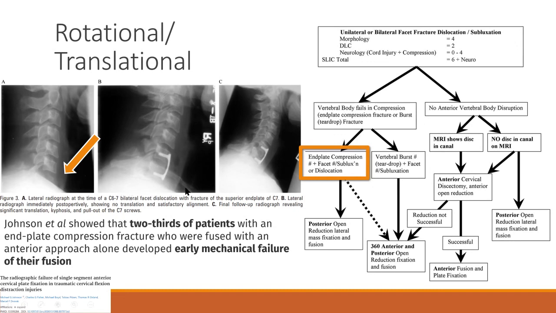However, some class 4 data does suggest that up to 2/3 of patients with evidence of end plate compression and a translational injury, when fused only by anterior approach, will develop early mechanical failure. Thus, the recommendation is primarily a posterior approach with the addition of an anterior approach earlier on for decompression of any ventral disc or other source of compression.